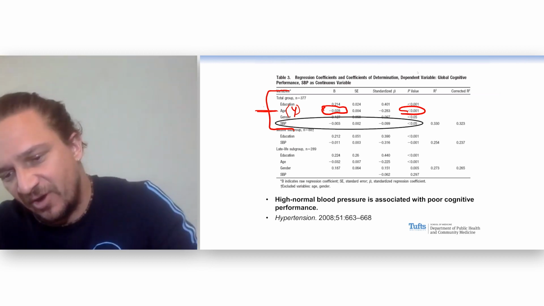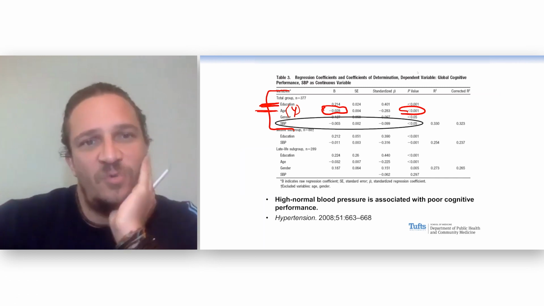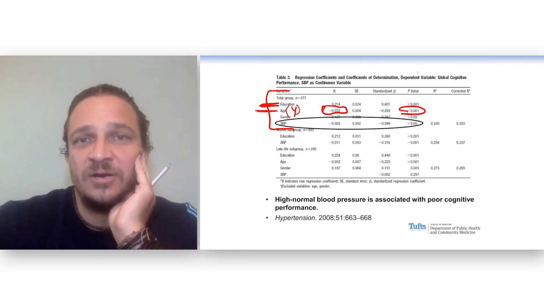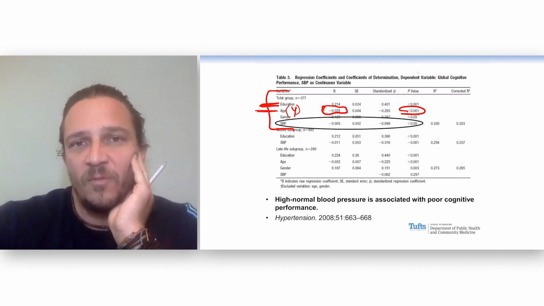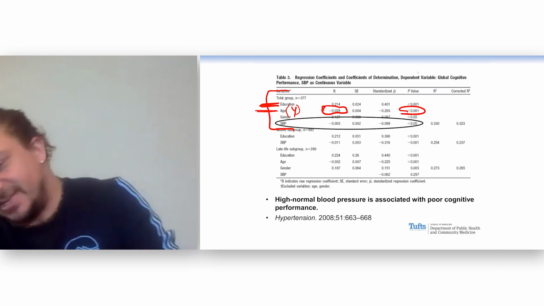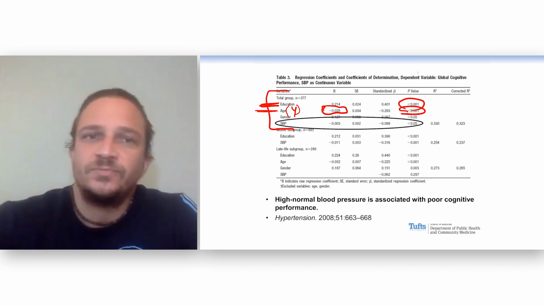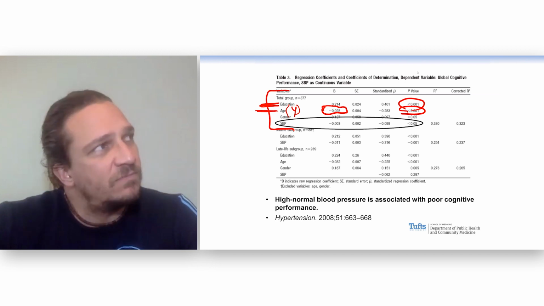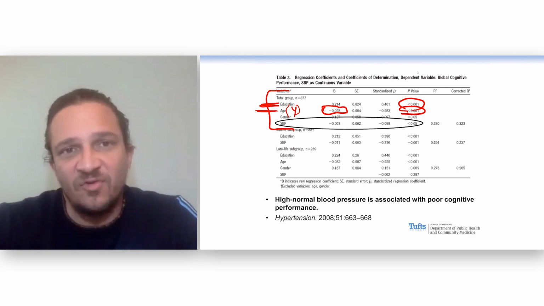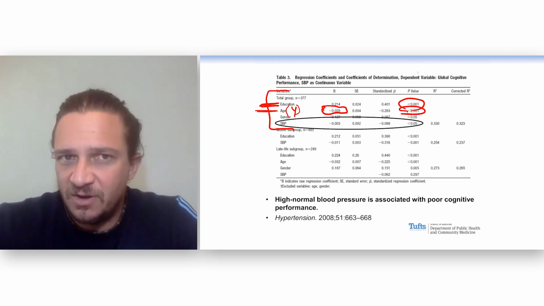Let's look at this other slope here, education. For every 1 unit increase in education, your global cognitive performance goes up, and it's statistically significant. Now, it kind of makes you wonder, what is a 1 unit increase in education?